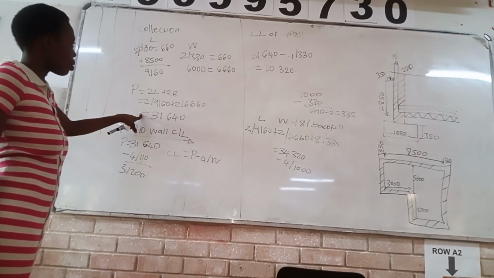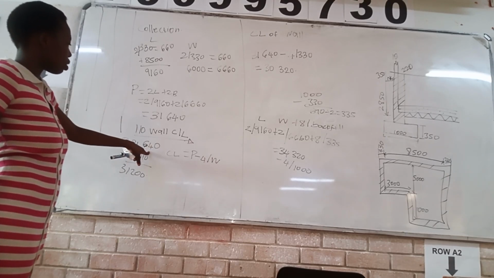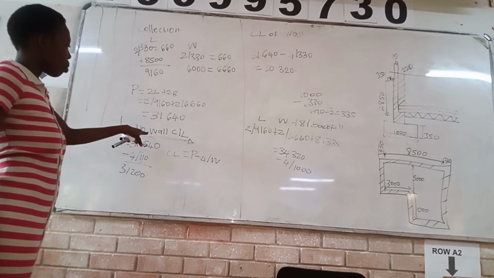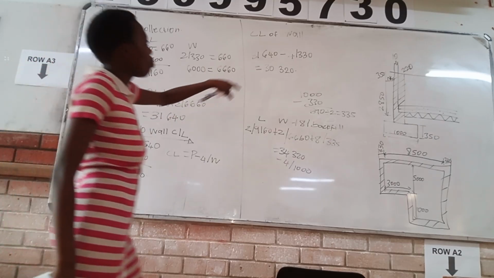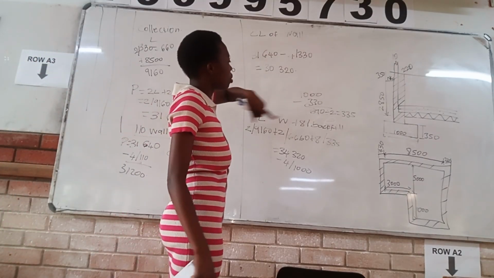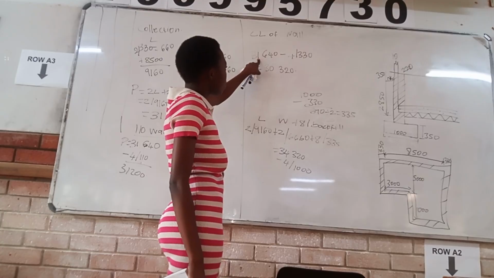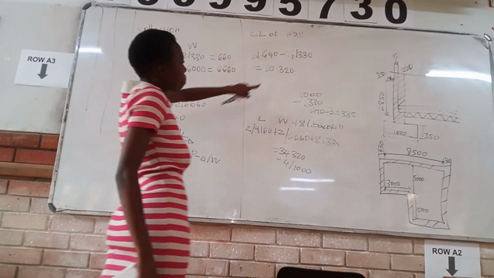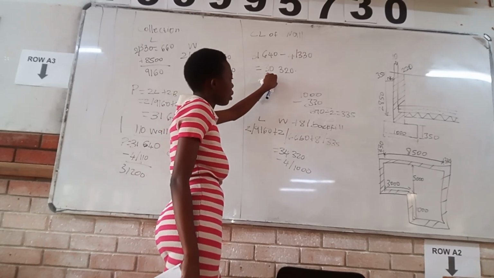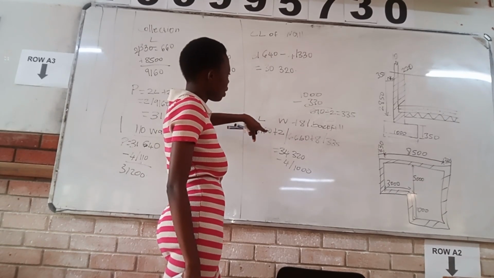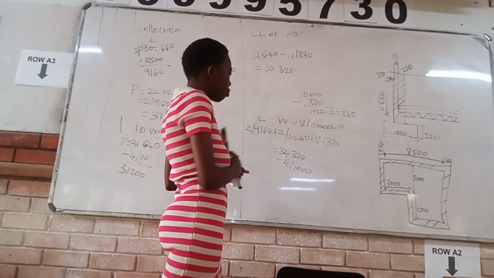And then we calculate the center line for the 110 wall. The perimeter, we use this one, 31,640, minus 4 thickness of the wall, which is 110. Then we go to the center line of the 330 foundation wall. So it's 31,640, which is this perimeter, minus 4 thickness of the foundation wall, which is 330, you get 3320. Or you can calculate the center line of the concrete footing.